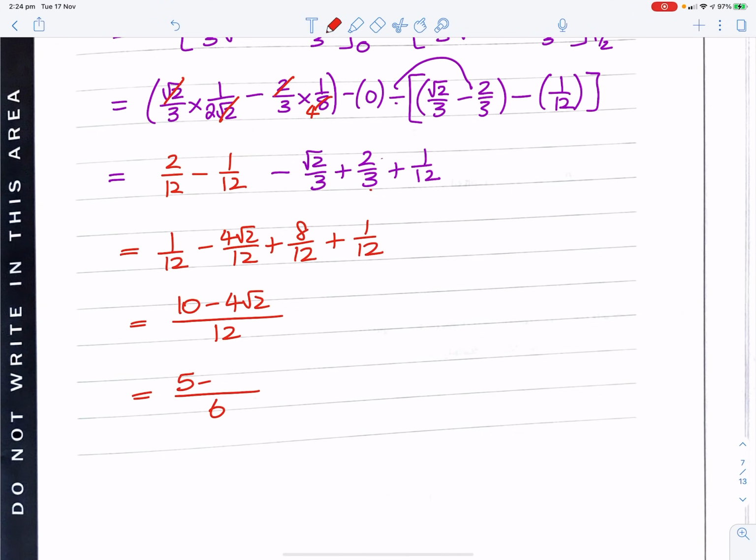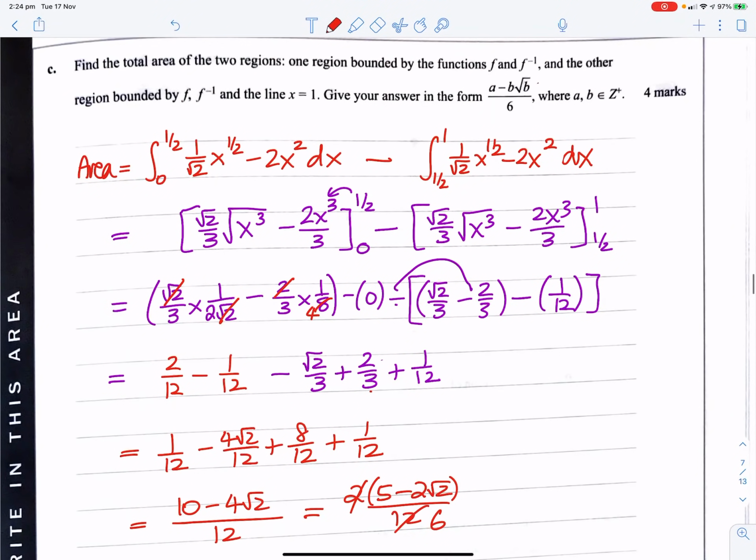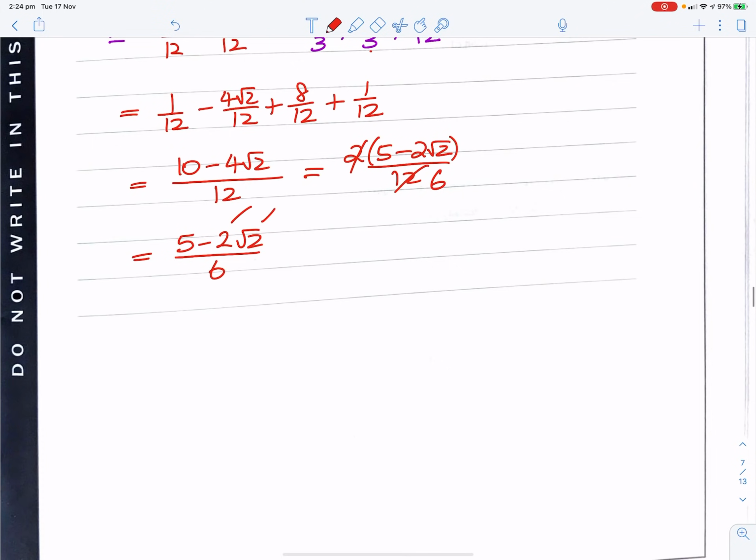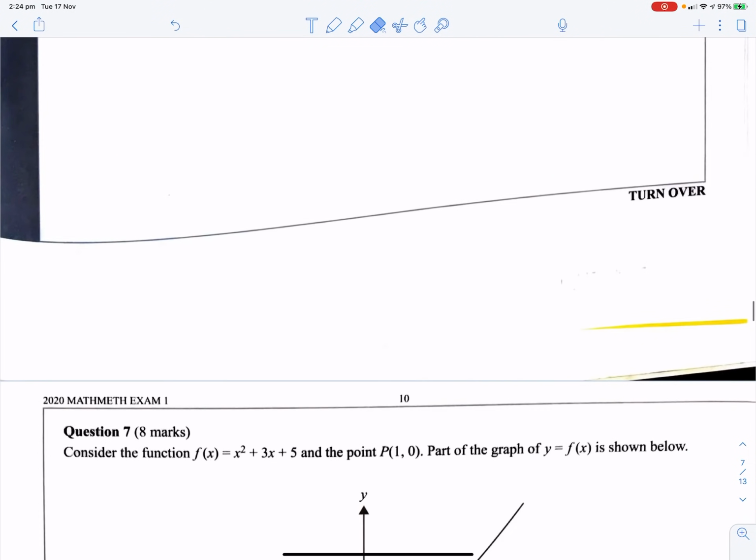So we get 5 minus 2 root 2 over 6, because I've got to take out 2. They cancel, so that's our answer. It's a minus b root b, they're the same, and on 6, so that's perfect.